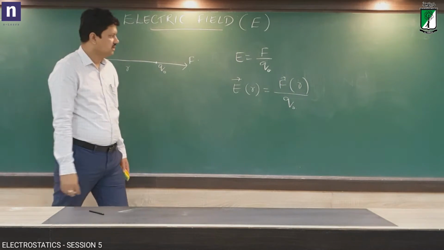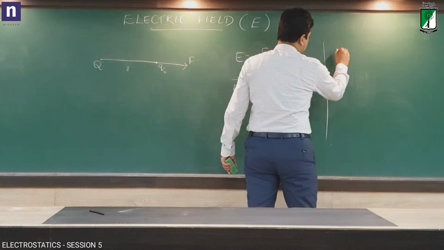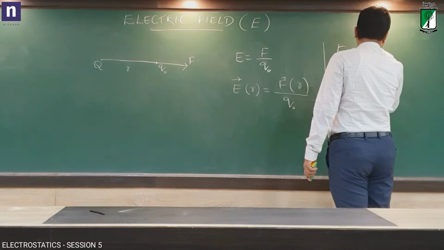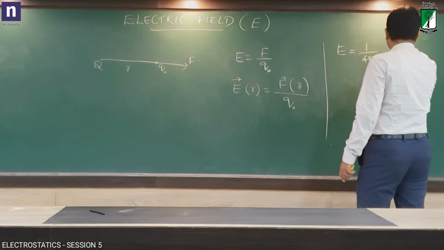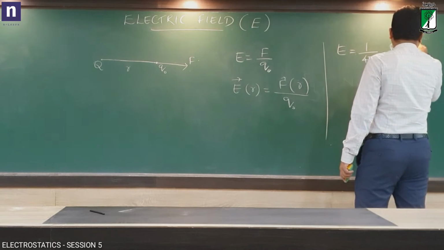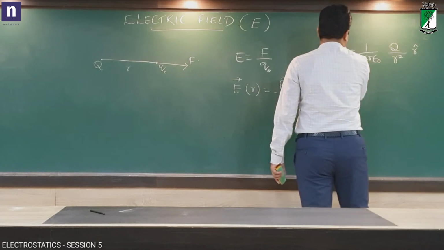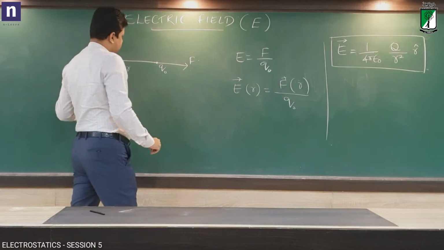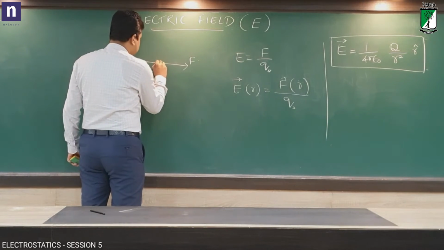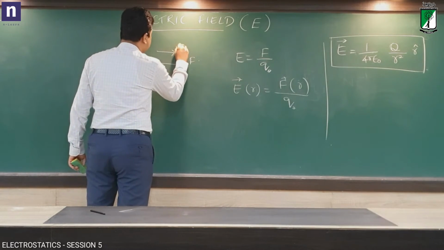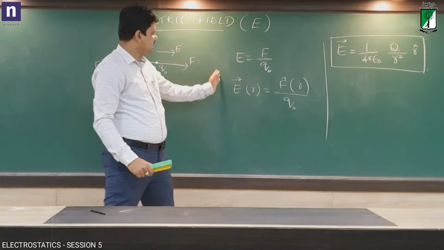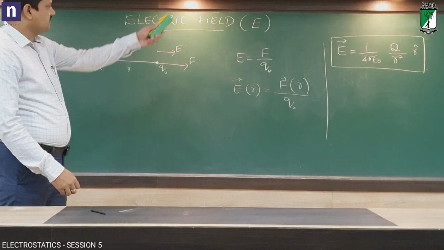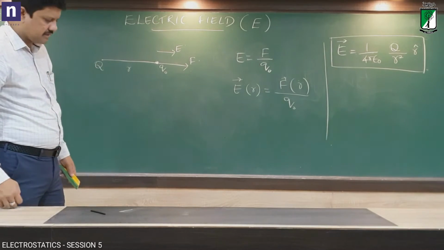Both are vectors, of course. So then, E is equal to 1 by 4 pi epsilon naught Q divided by r square, r cap. If the force is in this direction, the field at this point should also be in the same direction. So force and field are in the same direction. This is the vector form of electric field at a point.